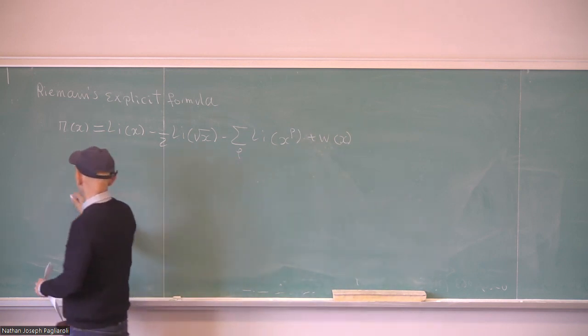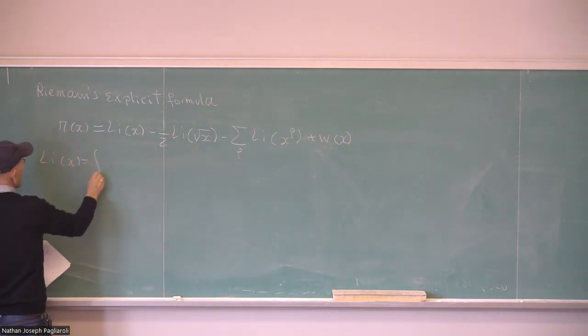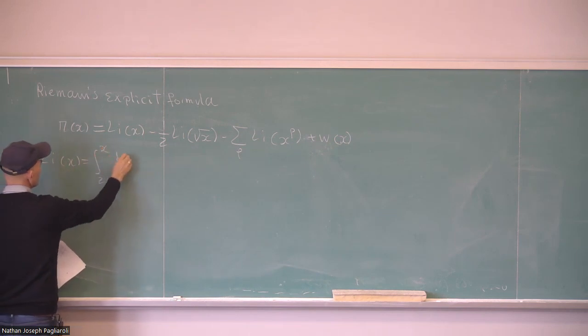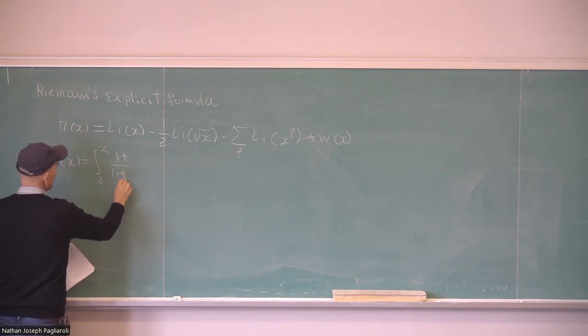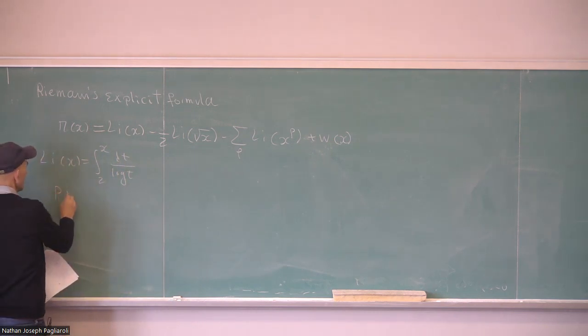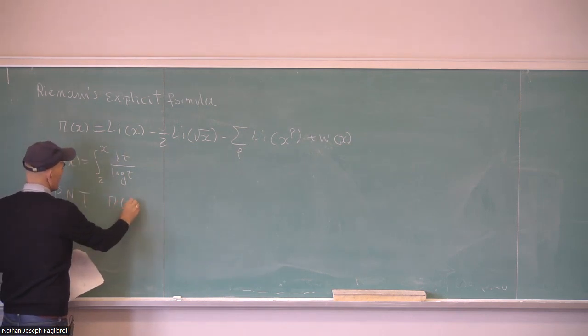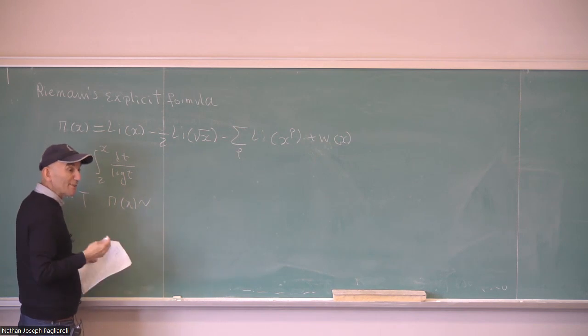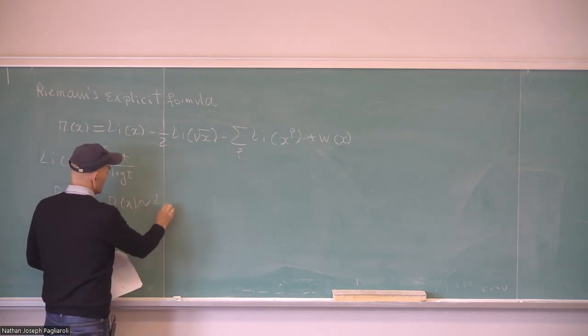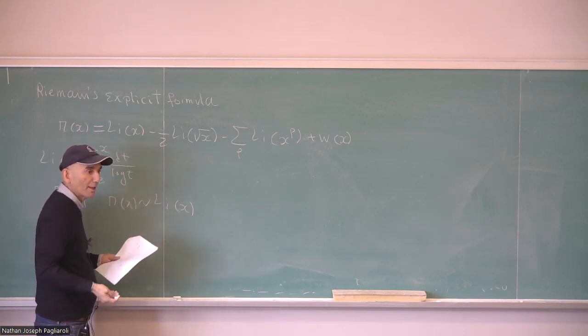Again, remember Li of x was this, of course, things that we know, the integral from 2 to x of dt over log t. And the prime number theorem is the statement that pi of x is asymptotic to Li of x. But he gives the exact formula.